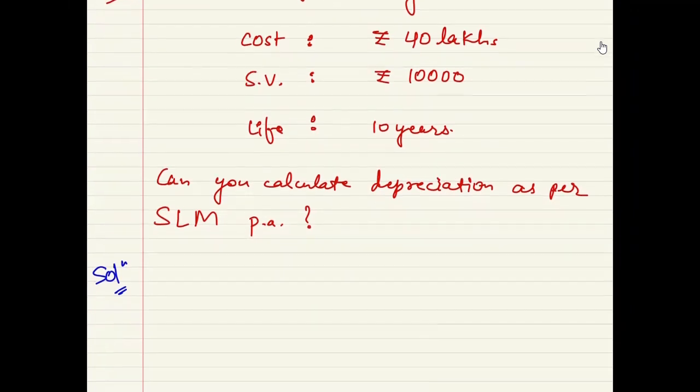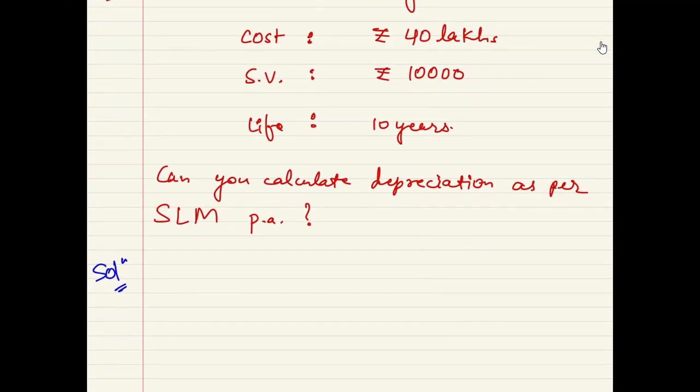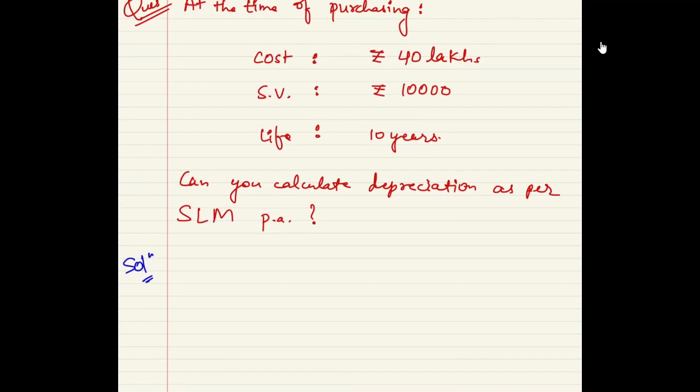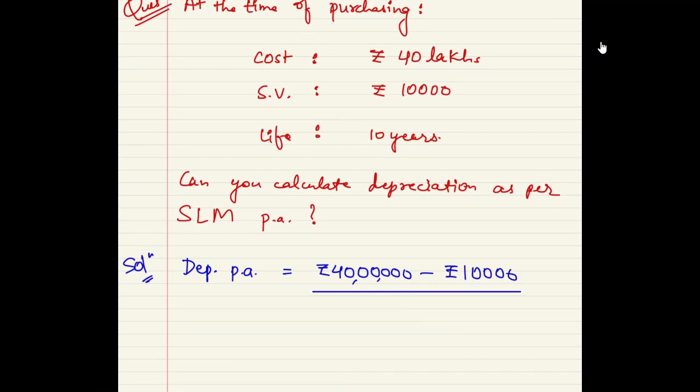Okay, I think everyone's answer must have come. All of you must be able to solve this. So what is the formula which we have learned? The depreciation per annum would be rupees 40 lakhs minus the scrap value of 10,000 rupees, divided by the 10 years of useful life.